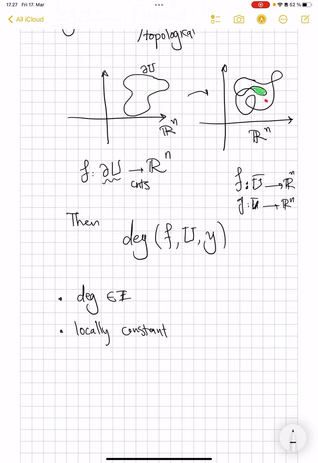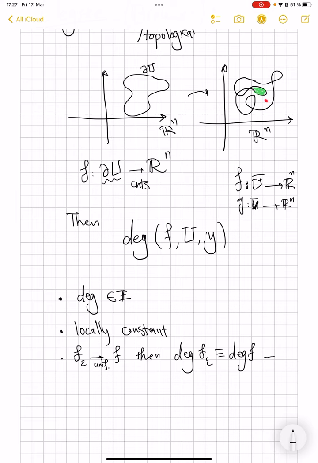And actually, more is true: if f and g are just nearby to each other in supremum norm, then the degrees are the same. So there's a lot of stability. So if f_epsilon converge uniformly to f, then degrees converge. But because degrees are integer values, actually degrees ultimately become just the same for all of these functions at all values, and so on.